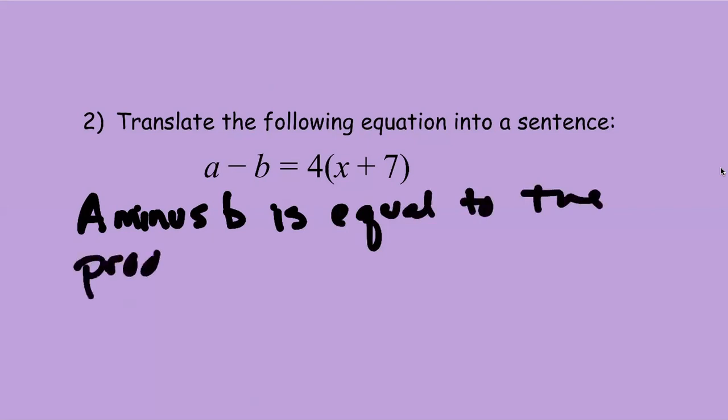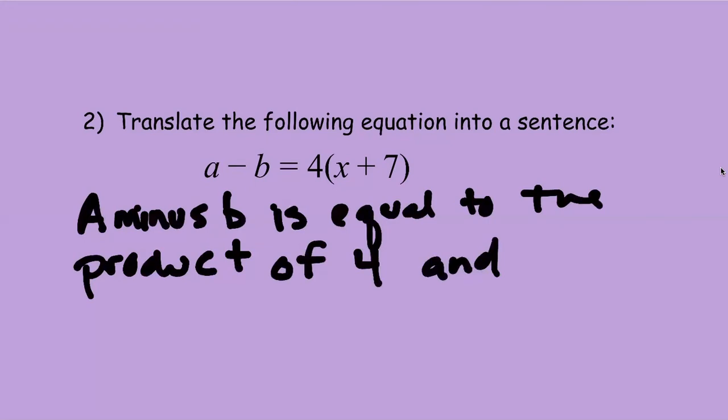The reason I'm saying product is because when you have the distributive property and you have a number in front of parentheses, that's a product, right? So a minus b is equal to the product of 4 and, this is where it gets weird, how do I say this?